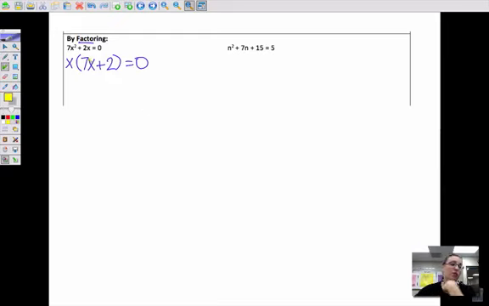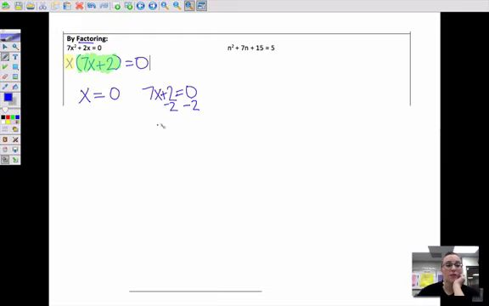And then I've got two products: this part times this part equals 0. So I want to think about the two things. Either x is equal to 0, that's one of our solutions, or 7x plus 2 is equal to 0. That whole term is equal to 0. So we sometimes have to solve this down here to get our solution.